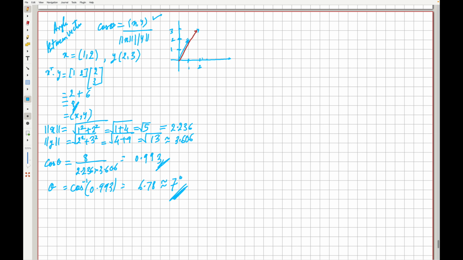And that makes sense. It's a pretty small angle between these two, and it looks like 7 degrees. So what that tells us is both these vectors, x and y, are pointing in the same direction. They're pointing in the same direction because the angle is so small between them.